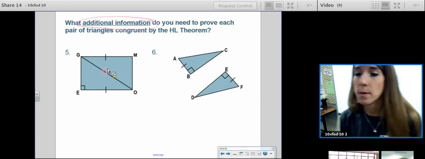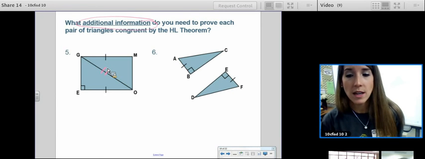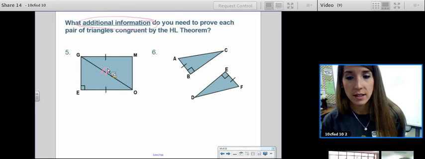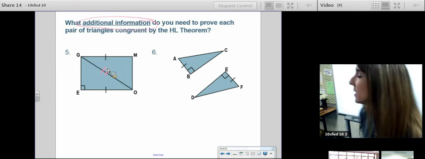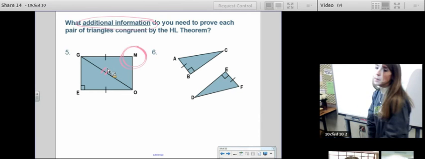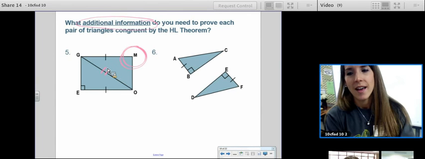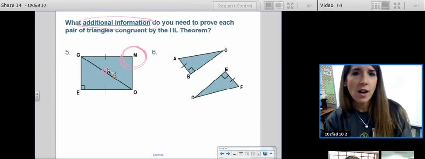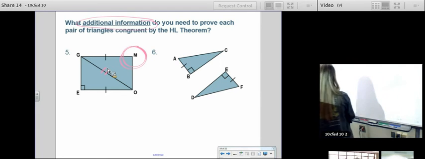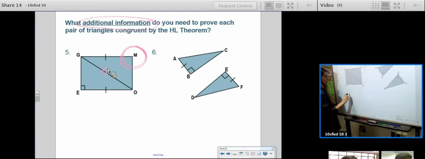So no, Saketh, we're not going to write that we need congruent marks on the hypotenuse because we already have that. That was already given to us. What we don't have is right here. So when you write your answer, you don't say, I need a box on angle M or something like that. Like I said, you need to write it mathematically correct. Let me show you 2 different ways you could write it.